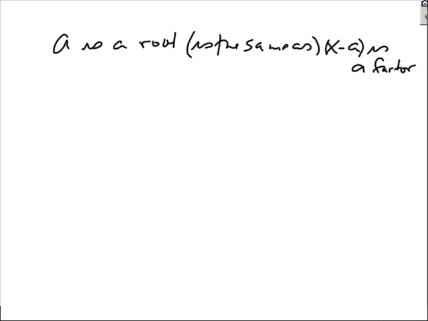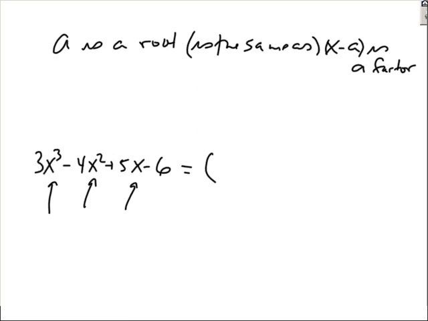Again, if you have 3x cubed minus 4x squared plus 5x minus 6, and I tell you that when you plug a in, out comes 0, well, one of these factors must be x minus a, whether there are 3 of them or 4 of them or 50.